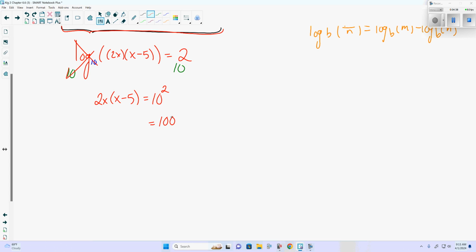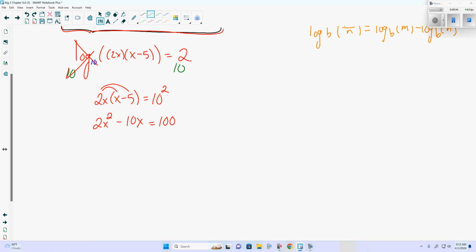We could have written that out already; we didn't necessarily have to rewrite it as 10 squared. The other side, we do have to distribute the 2x. 2x times x is 2x squared. 2x times negative 5 is negative 10x. Questions on how we got to this point here?